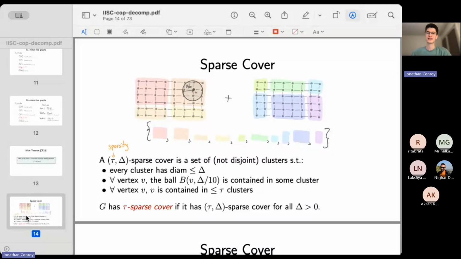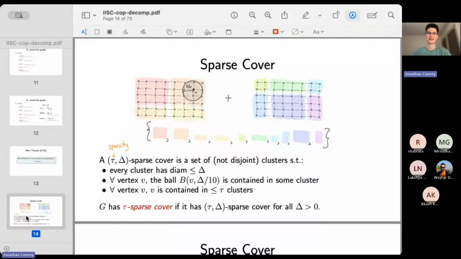We say that now we allow overlap, and we guarantee that every ball is contained in some cluster. So specifically, every ball of radius delta divided by 10 is contained in one of our clusters in this sparse cover. The parameter 10 is arbitrary.